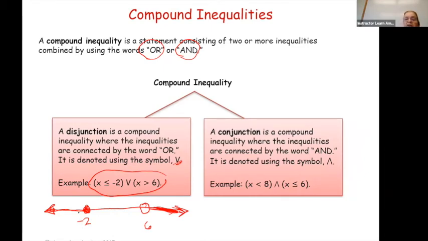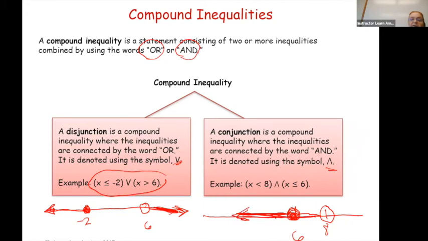Now, a conjunction is a compound inequality where the inequalities are connected by the word and, and we use the symbol which is like the upside down V. So this would be read as x is less than 8 and x is less than or equal to 6. Okay, if we have x less than 8 on the number line, that would be all the points going to the left of 8, but not including the 8. x less than or equal to 6 would involve all the points including 6 and then going to the left.